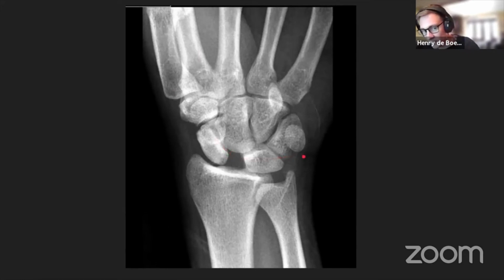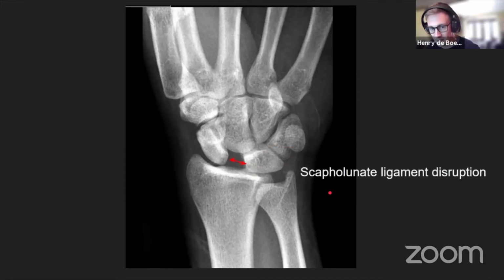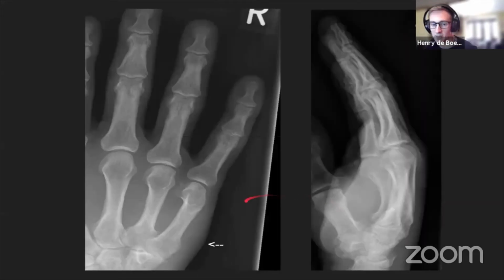The capitate will migrate through this gap eventually and start to articulate here, and they end up in a whole world of problems. So yes, this is a scapholunate injury or scapholunate dissociation. There's that gap that's wide, but there is no fracture, but there is a scapholunate ligament disruption. Next case.